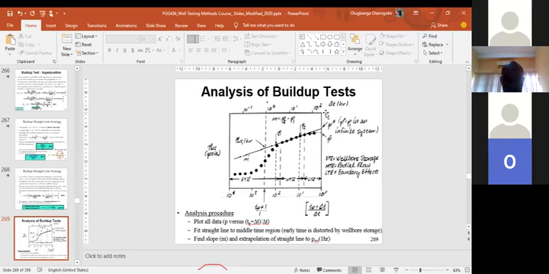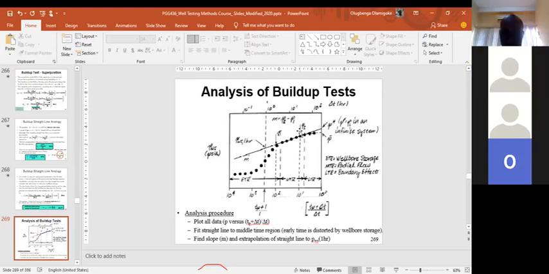Usually when we do analysis, the first thing is to get the plot. The plot will look very similar to the one using Horner time. Based on taking one log cycle, you get what the slope is, and then you go ahead to get the rest of the properties.